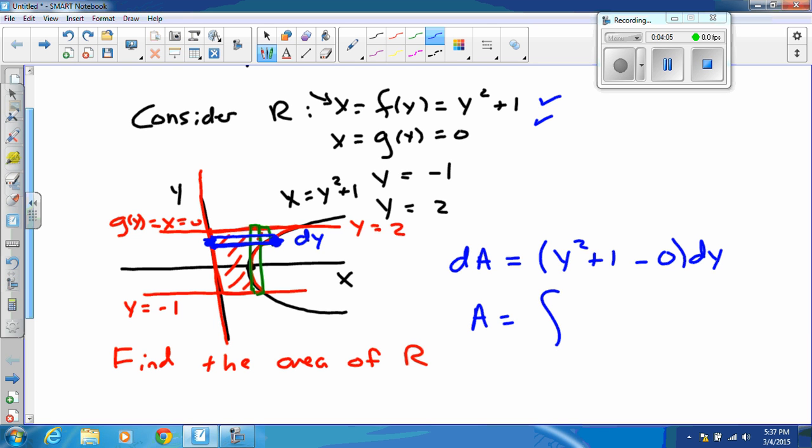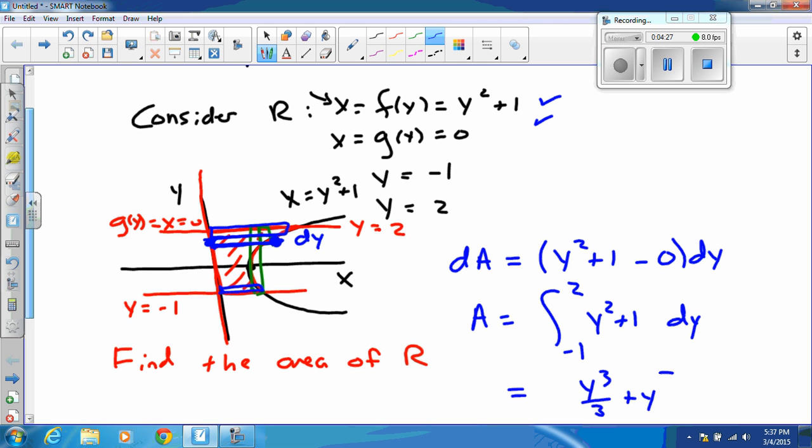And the area is now going to be the sum from the very lowest representative rectangle up to the very top one, all the way from y equals -1 to y equals 2, of right curve minus left curve. The left curve is invisible because it is x equals 0, dy.